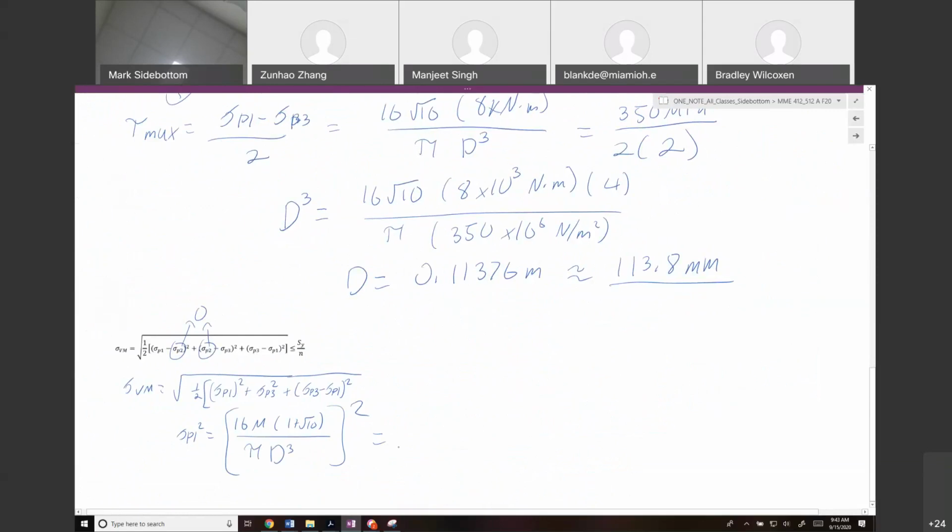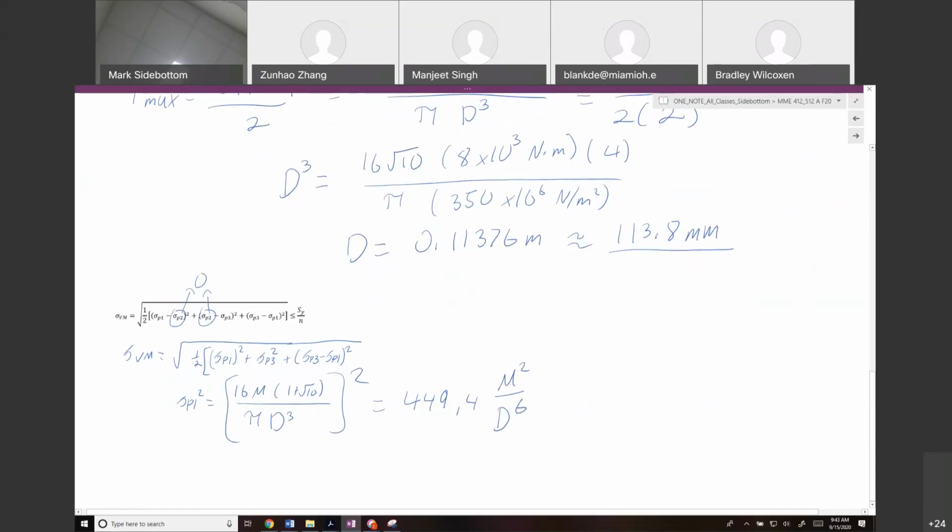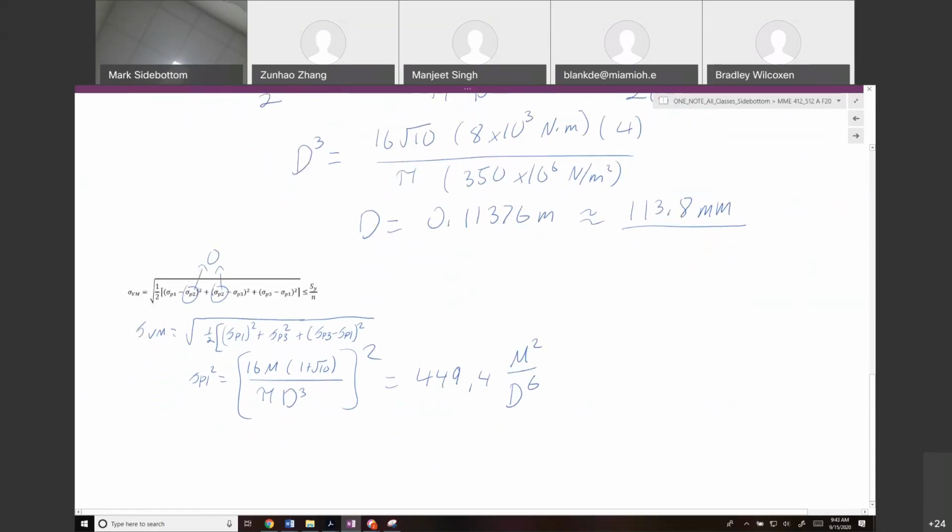So if we multiply all that out, we end up getting 449.4 times the moment squared divided by the diameter to the sixth. And then we can do the same thing for sigma P3 squared.